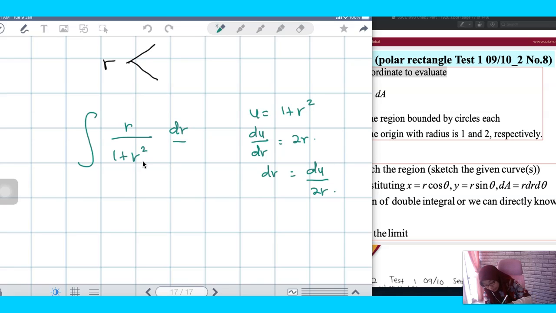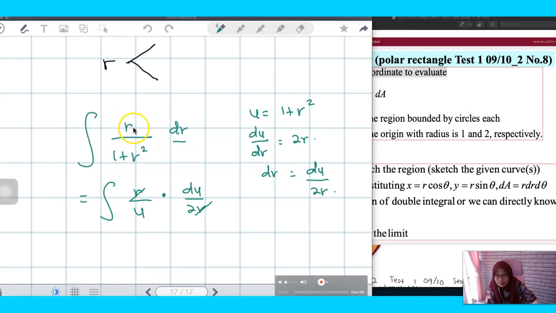Now we substitute back: r over u, and then dr is du over 2r. The single r here can be cancelled out. That's why the substitution works here, because you want to simplify the form.